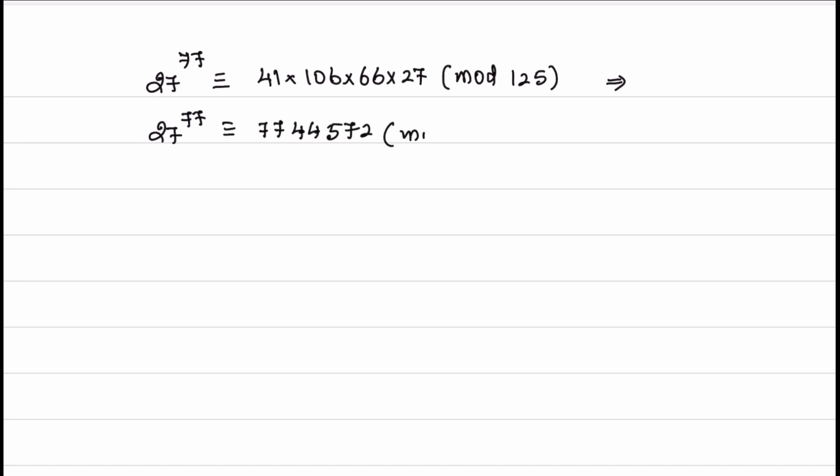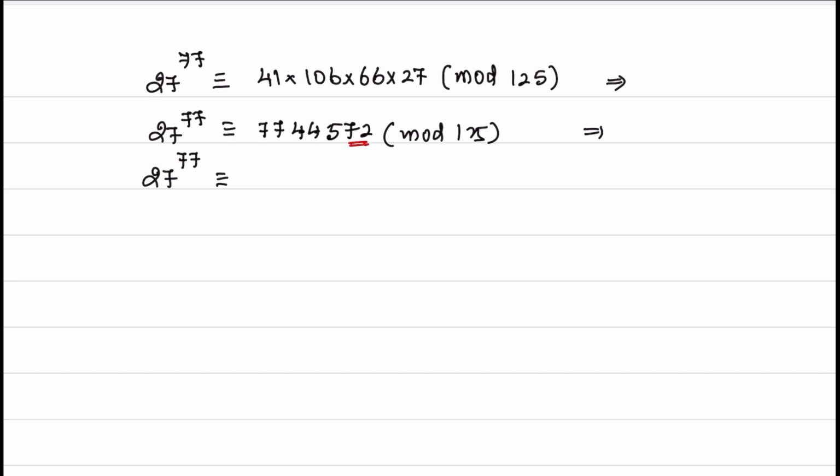That gives 77744 mod 125. Divided by 125, 27 to the power of 77 is equivalent to 72, which is the remainder, because 7700 can be divided by 125 and 72 cannot be divided by 125 further.